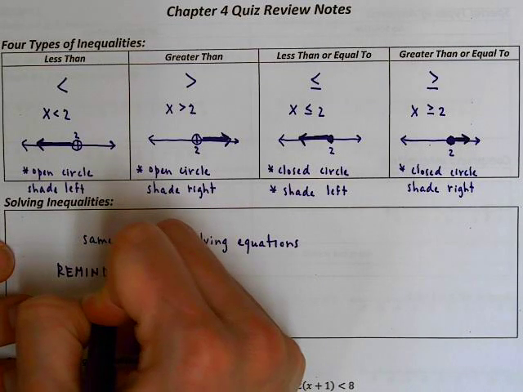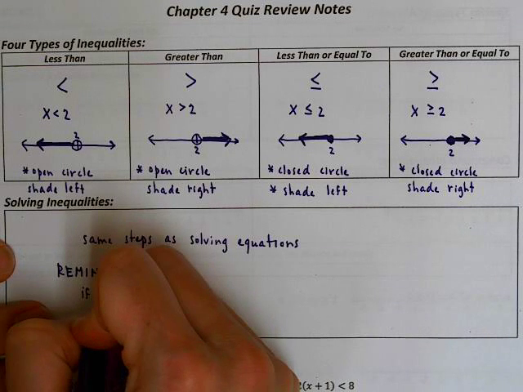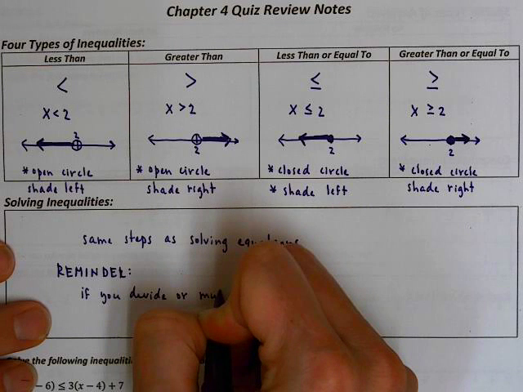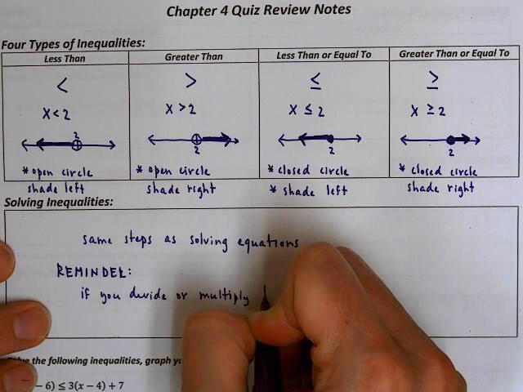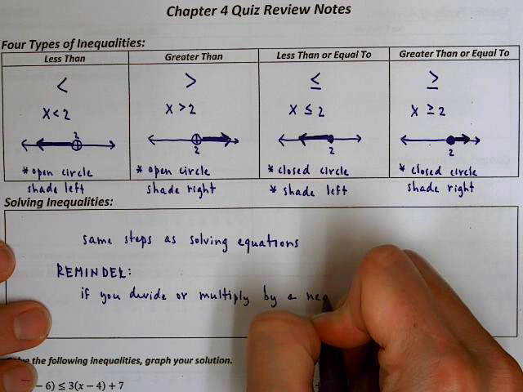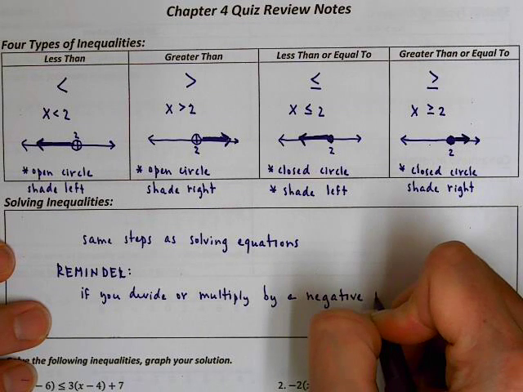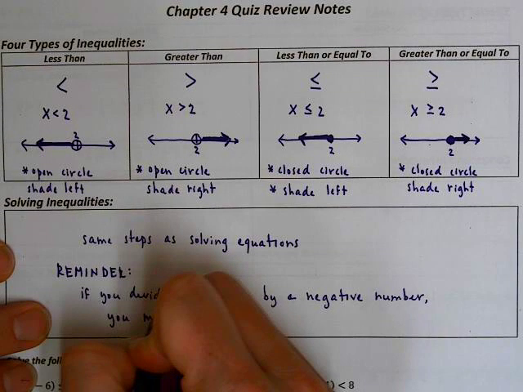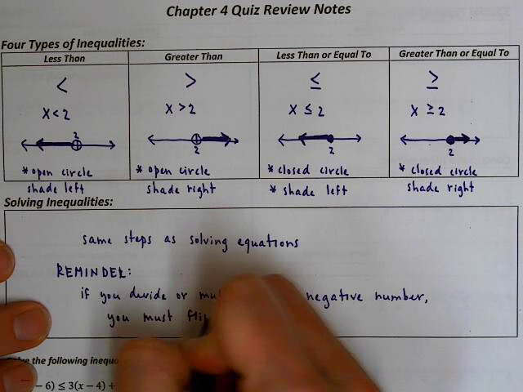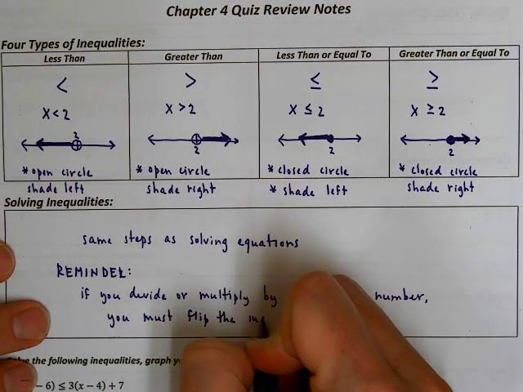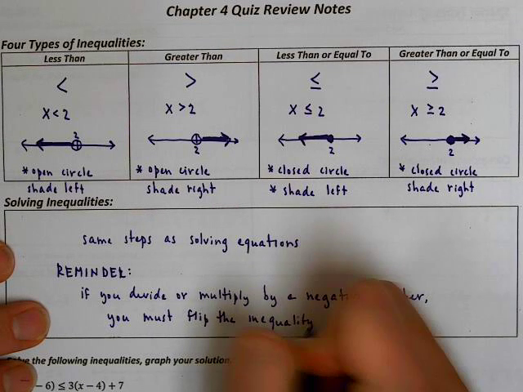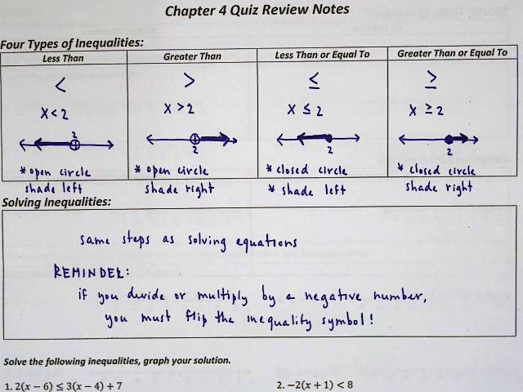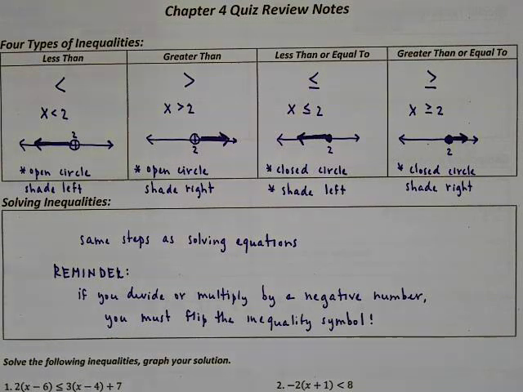Our reminder is that if you divide or multiply by a negative number, you must flip the inequality symbol. So that's the big thing we have to remember when we're solving inequalities.